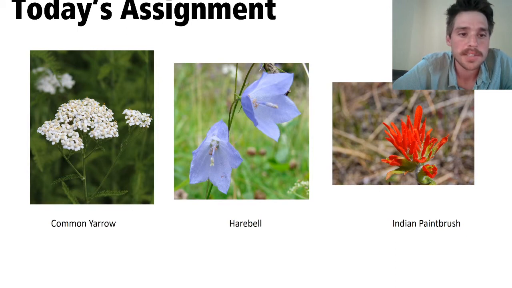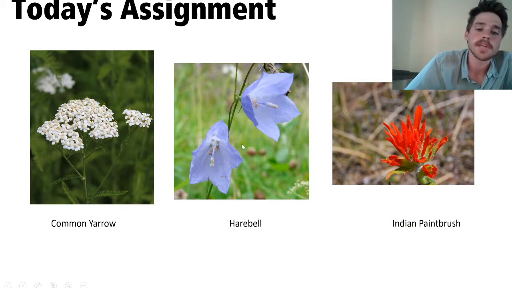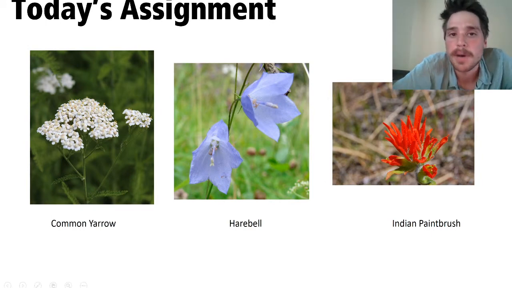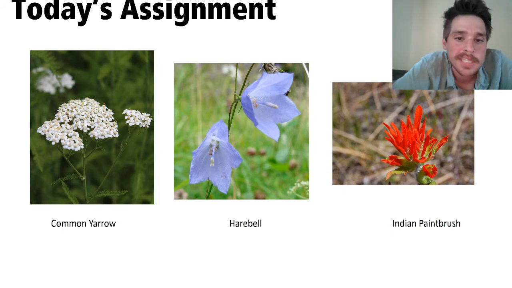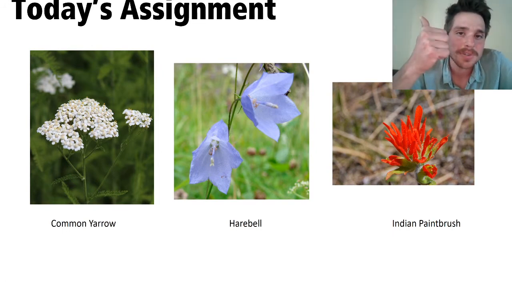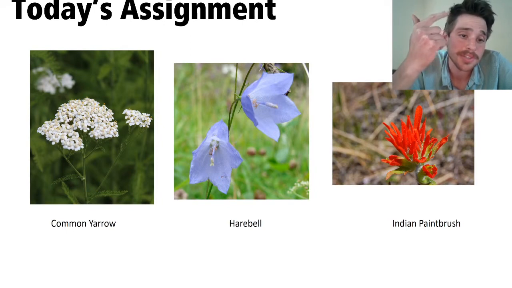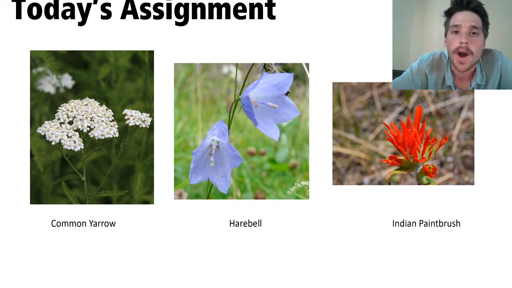But your assignment is to pick one of these 3, either the common yarrow on the left, the harebell, or the Indian paintbrush, and give me a 2-sentence hypothesis on the Google form of what pollinator you expect to pollinate this species of flower, and based on structure, color, and shape, why you think that.